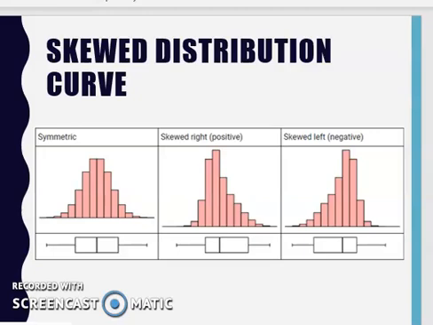A normal distribution has a skew of 0. A negative skew is when most of the data is on the right side, making it asymmetrical. A positive skew is when most of the data is on the left side, making it asymmetrical. This determines what tests to use, depending on whether the data is skewed or not.